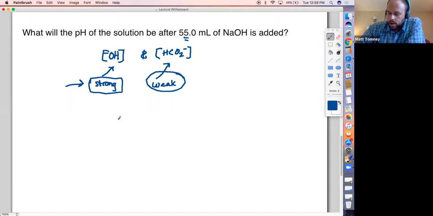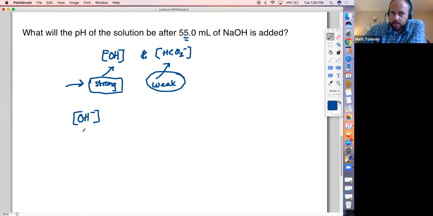So what I need to focus on now is hydroxide concentration. What's nice is that if I find hydroxide concentration, I can directly hop over to pOH and then pH. So I will not need what in this case? Does anybody know?